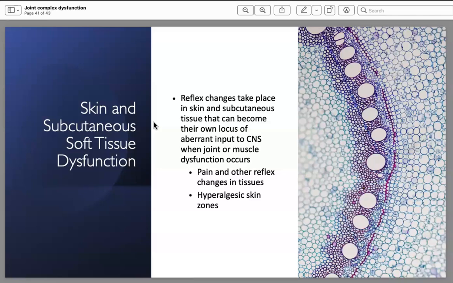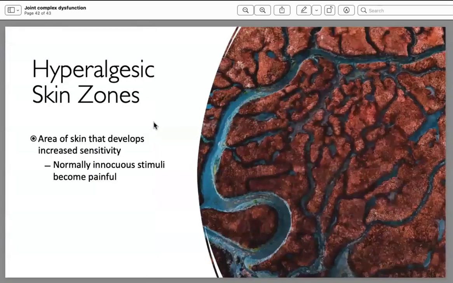You might also be experiencing skin zones that are hyperalgesic, or have increased sensitivity to pain. That particular area of skin surrounding that particular joint dysfunction can have increased sensitivity, so different types of innocuous stimuli that usually are not painful become painful. And this is that peripheral sensitization type of process.